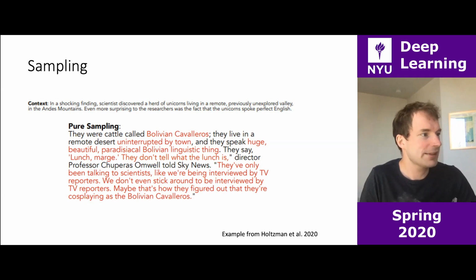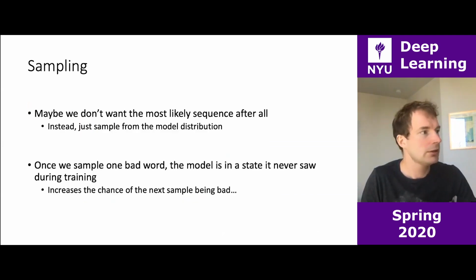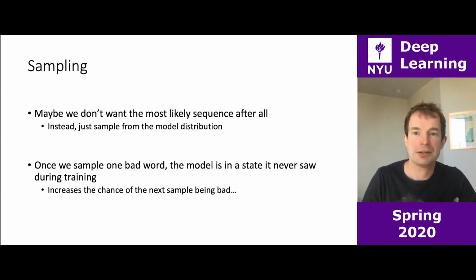Some of this is kind of good, but it gets more weird and degenerate as it goes on. Again, you get this problem where once you've sampled a bad choice, the model's in a state it was never in during training. And once it's in a state it wasn't in during training, it's more likely to give you more bad output, and then you get stuck in these horrible feedback loops.